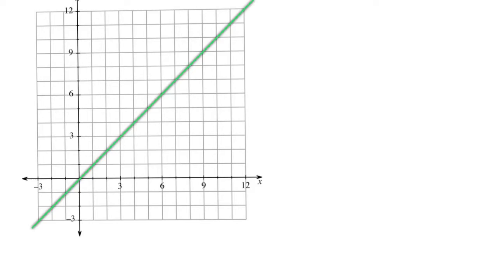If you compare the two parabolas that we have here, you can see that each of these points has a point in the reflection that matches up with it.